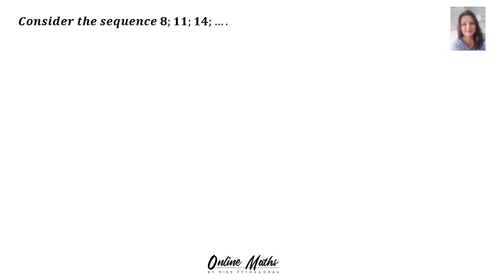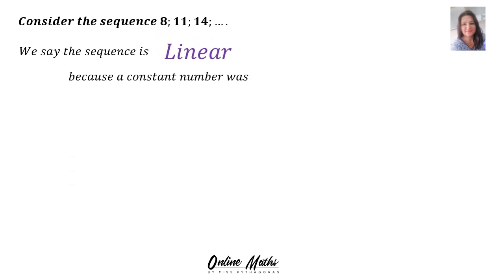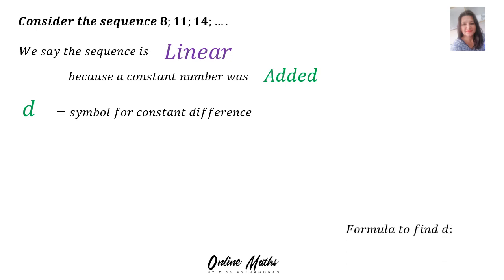Consider the sequence 8, 11, 14. We say the sequence is linear because a constant number was added. D, that is the symbol for the constant difference.